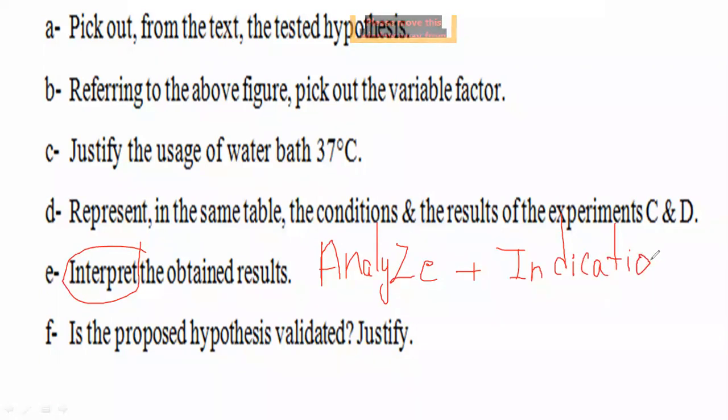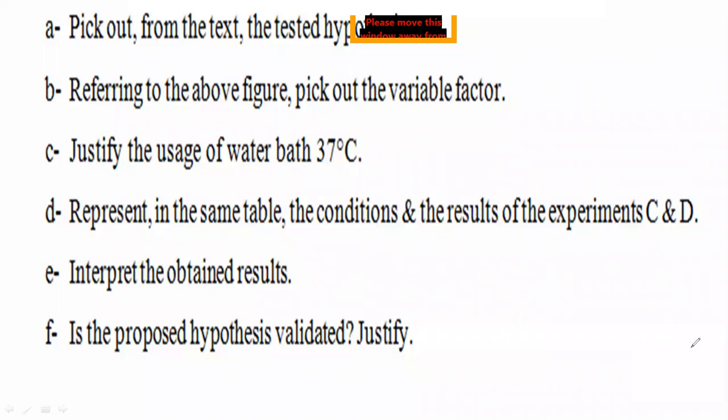If interpret has 2 marks, I gave you 1 over 2 since you did only the analyze. This time, if you do only the analyze, you won't get any mark. Analyze alone is not accepted. If it's interpret, you have to write analyze plus indication. Other than this, it will not be accepted.